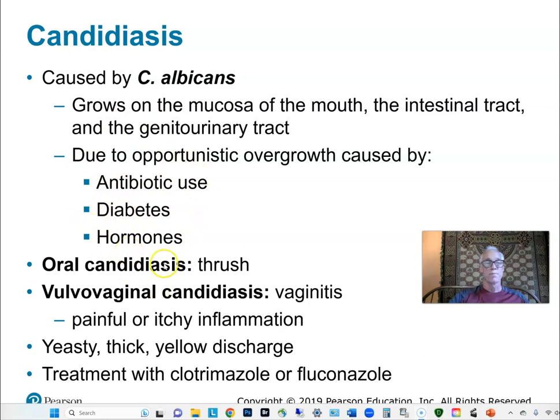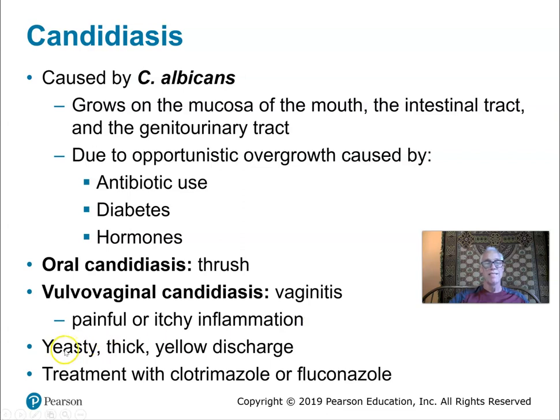Alcoholism, I should mention. If you get overgrowth of candida in the oral cavity, it's called thrush. You can see a whitish material all over the tongue and gums. Vulvovaginal candidiasis, vaginitis, is that inflammatory infection of the vagina. In this case, you have painful or itchy inflammation, and also a yeasty, thick, or cheesy yellow discharge.